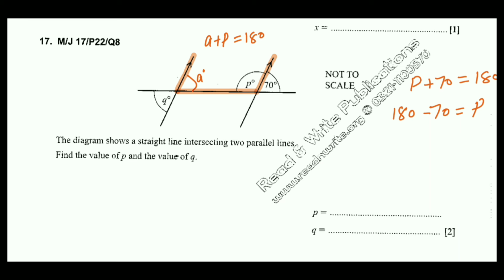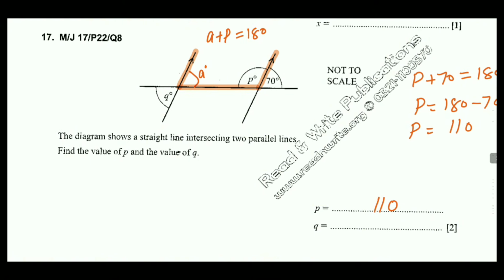So P is equal to 180 minus 70, and P is equal to 110. How will we find Q? First of all we will find A, then we can easily find Q. So we will find angle A by the supplementary angles property.